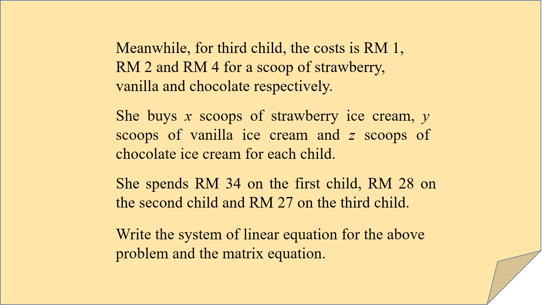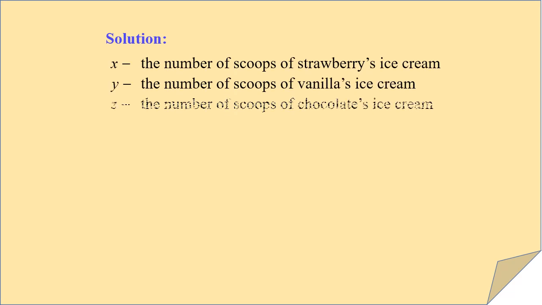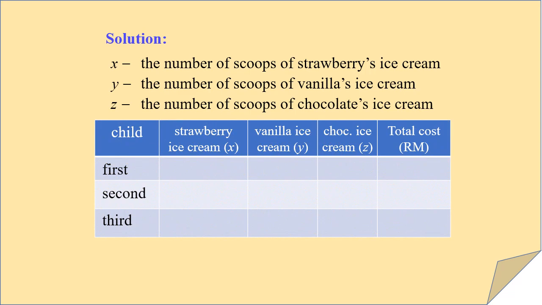So we want to find the system of linear equations, also the matrix equation. Okay, now what is x, y, z? X is the number of scoops of strawberry ice cream, y for vanilla ice cream, z is chocolate ice cream. So for each of the children, the price is different. So for the first child, we draw it in a table because it will be easier to recognize.